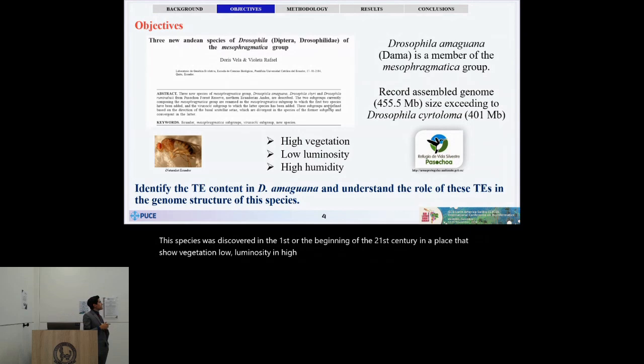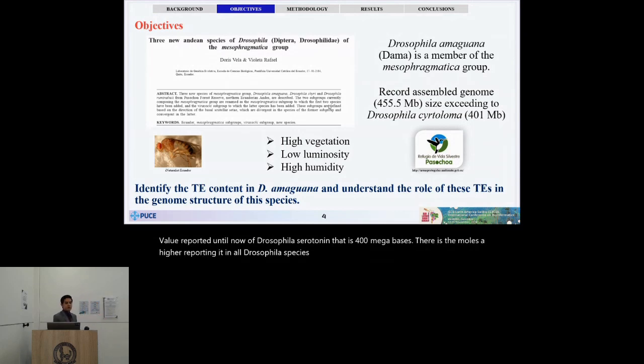With this, we identified that the genome of Drosophila amaguana has the highest size value, 455.5 megabases, exceeding even the value reported until now for Drosophila virilis, that is 400 megabases, the highest reported in all Drosophila species.